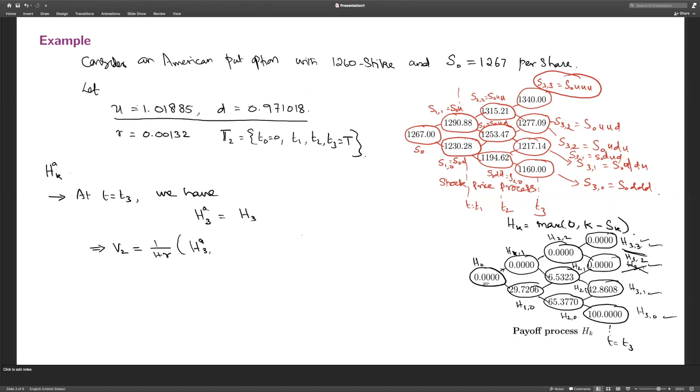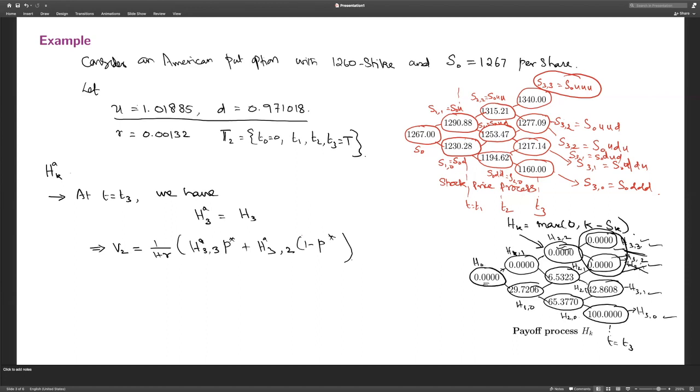So H33, H32, and then this is H31 and this is H30. So H33 means you went up, therefore its probability is P star plus HA32 means at the last level you came down, therefore it is 1 minus P star. That gives me the value V2 at this level, right?